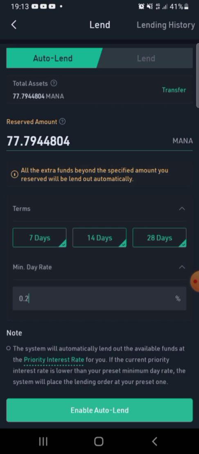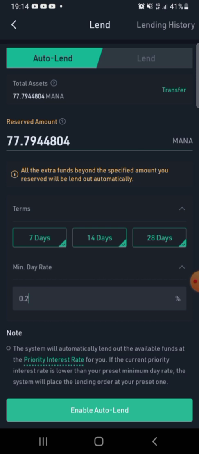If the current priority interest rate is lower than your preset minimum day rate, the system will place the lending order at your preset one. So basically, the system will auto lend for me, guys. And everything is gonna be sorted on my end, so I don't need to always check up on my KuCoin and do these things manually. It's all gonna be auto.